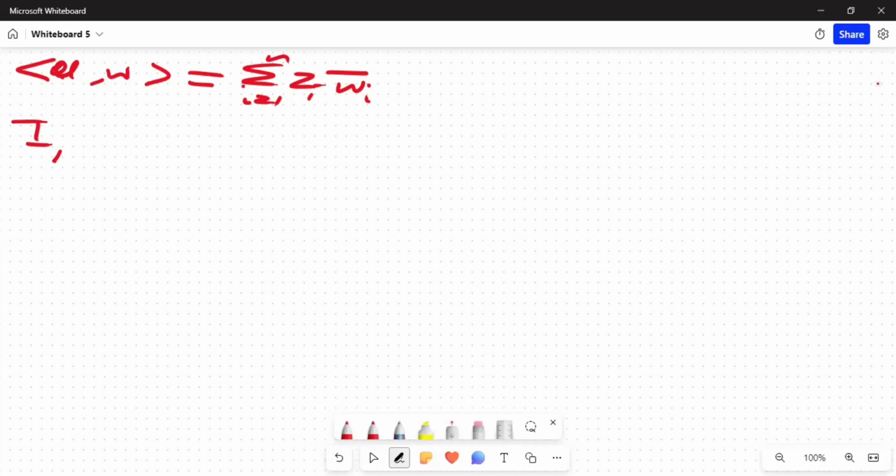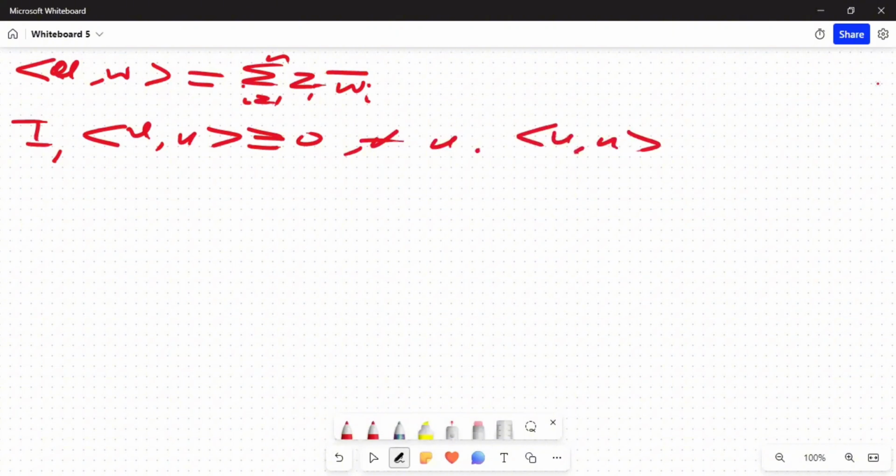To show it, it suffices to show that the inner product of u, u is greater than or equal to 0 for all u. And not only that, the inner product of u, u is equal to 0 if and only if u is the zero vector.